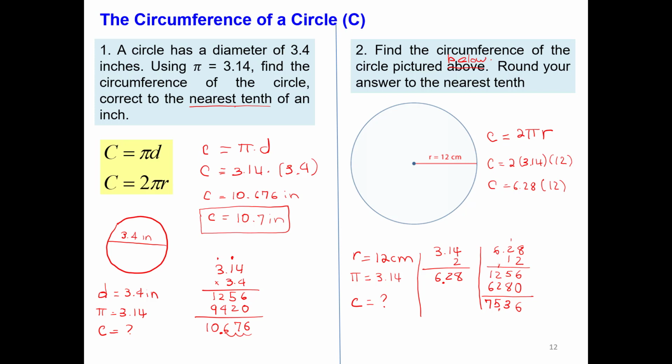Then the answer is 75.36, and the units must be in centimeters.